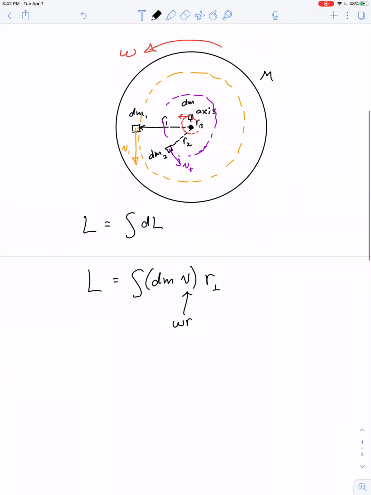I'm not sure I really need to break the lever arm into parallel and perpendicular components. In all these cases, the lever arm is exactly perpendicular to the linear momentum. When I multiply dm times v, I get dp. So when I multiply dp times its lever arm times the sine of 90 degrees, that gives me this expression.